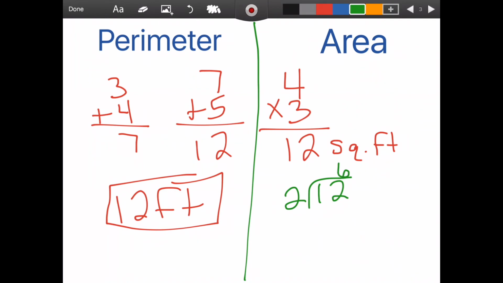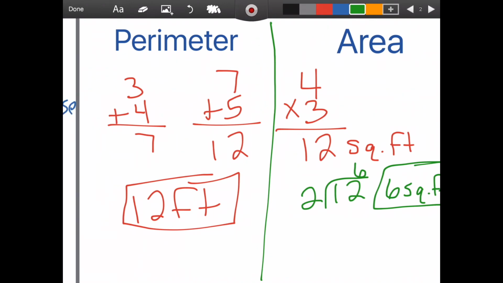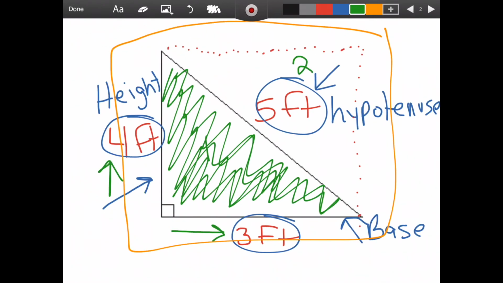So the area of the triangle is going to be 6 square feet, which is exactly half of the area of the rectangle. So a really easy way to find the area of a right triangle is to take the base and the height of the triangle, multiply them together, and divide that by 2.